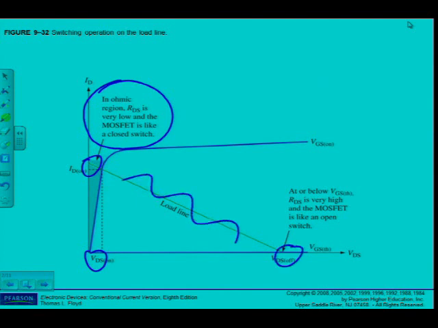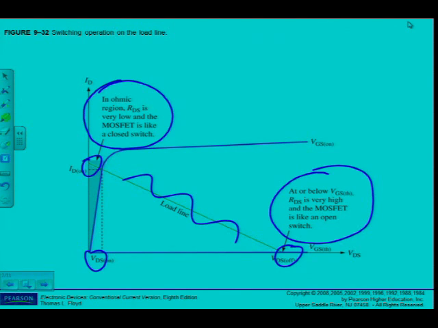I'm not going to use it in between here, no? So I'm going to use it as a switch. So at or below VGS threshold, RDS is very high resistance, acting like an open switch, and those are the two conditions that we are going to use the E-MOSFET. All right, so take note of figure 9.32 as well.